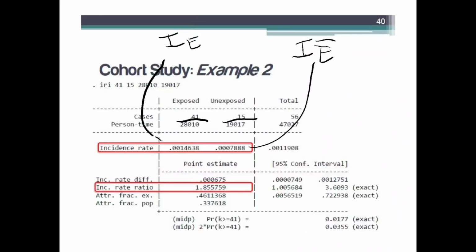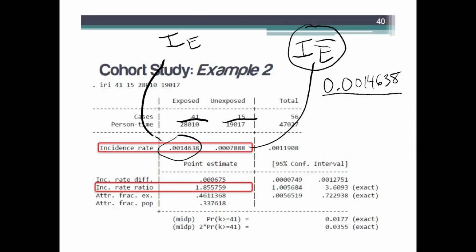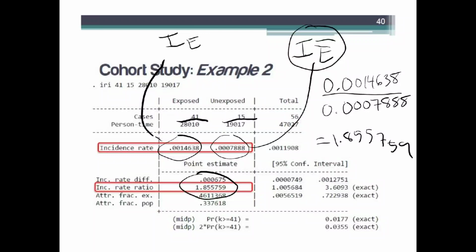So, once again, divide mo lang yung nakuha mong value, incidence rate among exposed, 0.014638 over yung nakuha mong value ng incidence among unexposed, 0.000738. So, makukuha mo dyan is 1.855759.